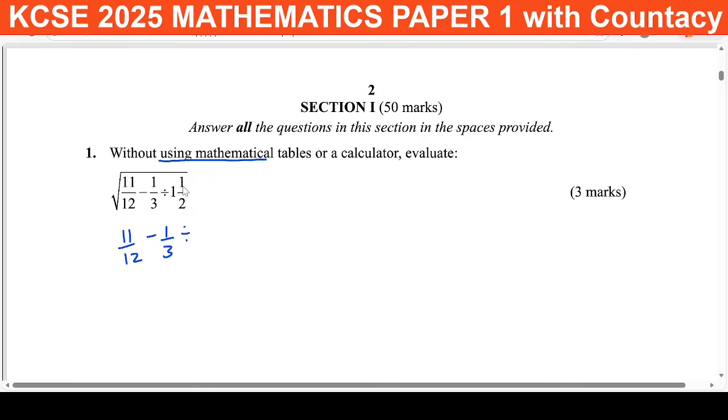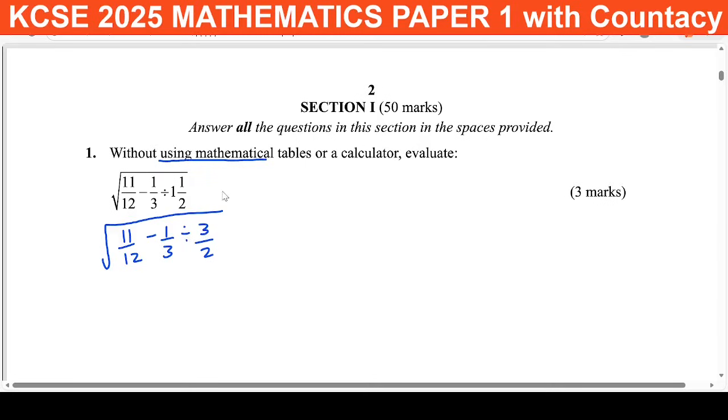To convert it into a proper fraction, we have 2 multiplied by 1, we get 2, plus 1, we get 3, and then we have divide by 2, and remember we've got a square root here. When it's like this, many students just go ahead and subtract here, saying this is 11 over 12 because this one is a multiple of 3, and here we've got 3, therefore it is much easier to do the minus. That is a very deadly mistake.